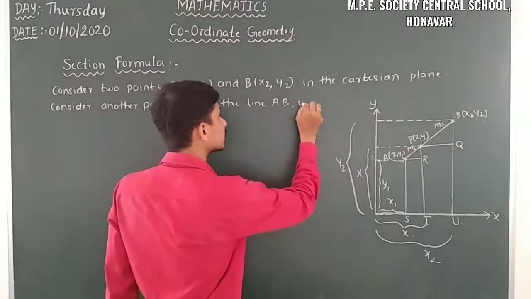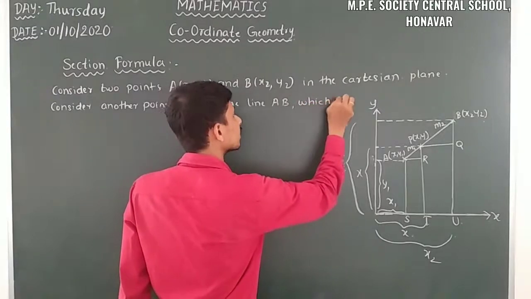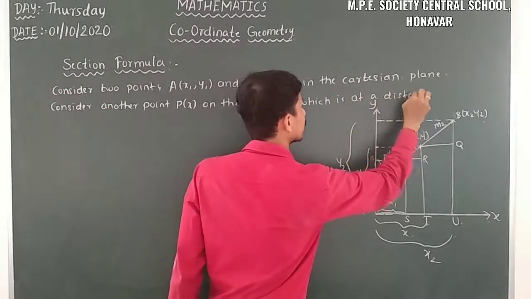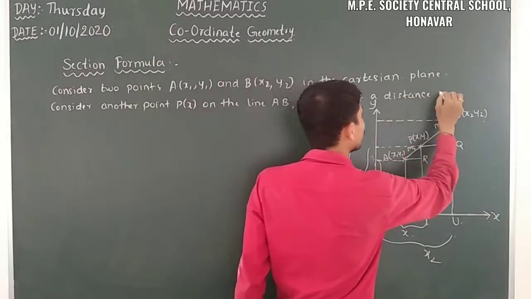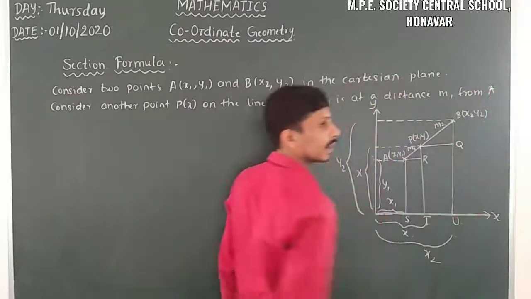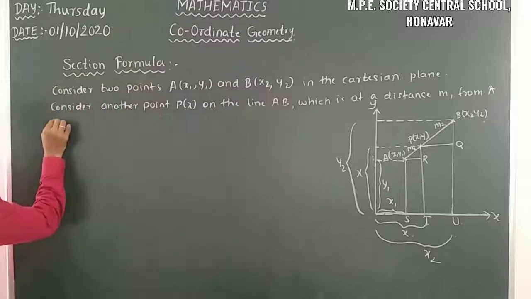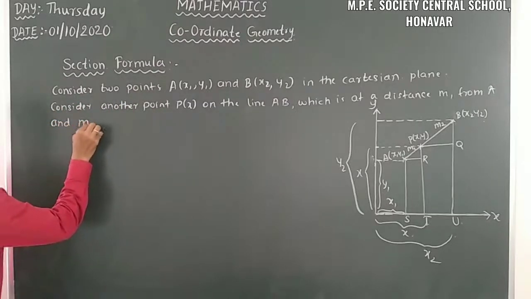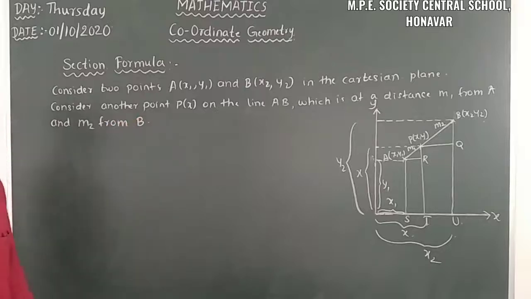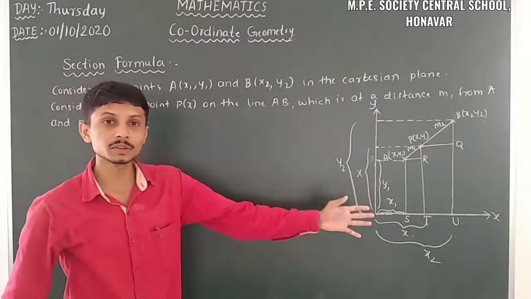which is at a distance M1 from A and M2 from B. Then what is the construction we did here?